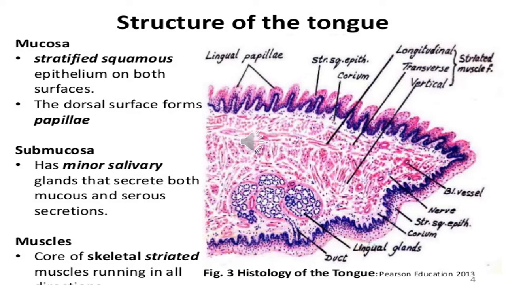Just below it is the loose connective tissue along with blood vessels and nerves, and the second layer is the submucosa. It has minor salivary glands that secrete both mucus and serous secretion. Then in the center, as you can see, there is a core of skeletal striated muscle which are running in all directions.